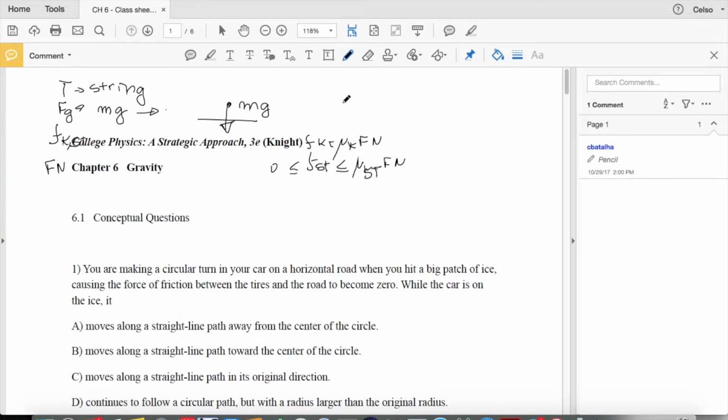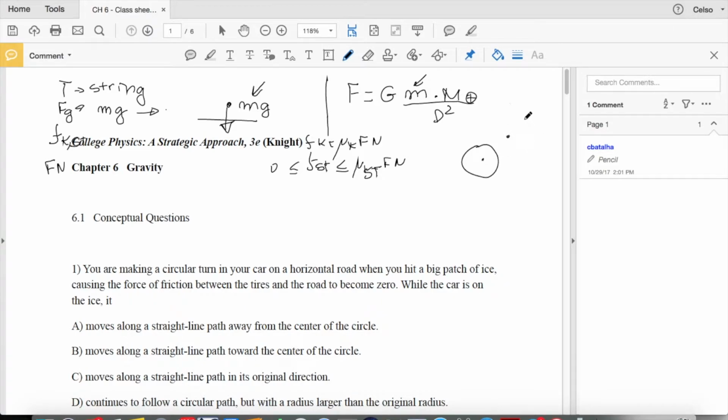If it's not, then the value of this force will depend on the distance, given by a constant times the mass of the object you're considering times the mass of the planet the object is orbiting about, or the planet the object is in, divided by the square of the distance between the object and the center of that planet. So if this represents a planet, here's the center of the planet.